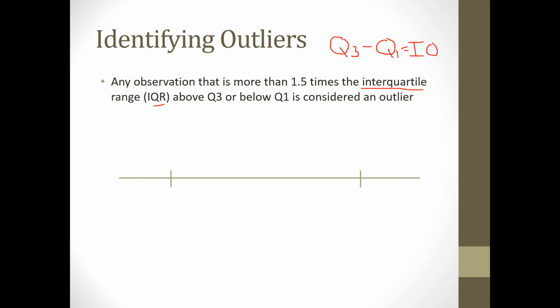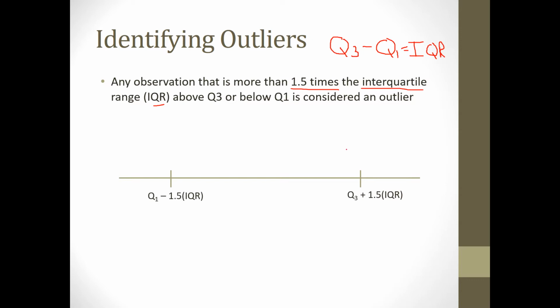I multiply that by 1.5, and above Q3 means I add it to Q3, and below means I subtract it from Q1.